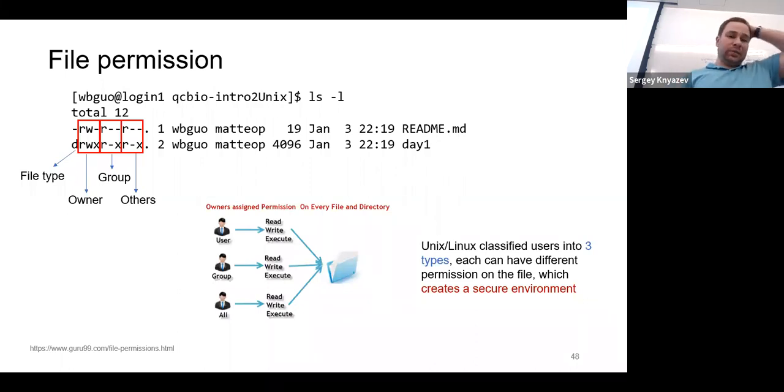The second group of three letters is a permission for the group that you belong to. You can belong to several groups. One group is the same as your name, then there can be many other groups that you can belong with.